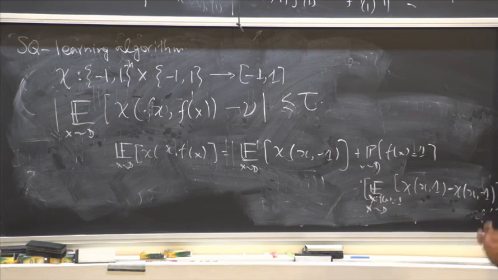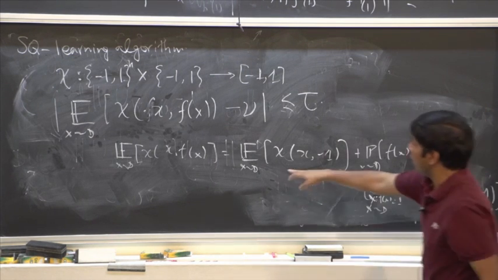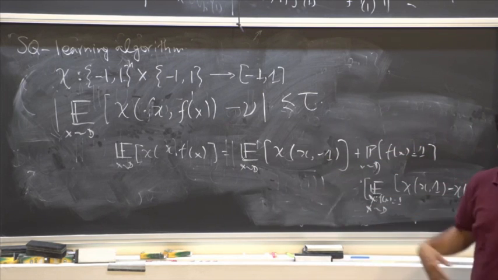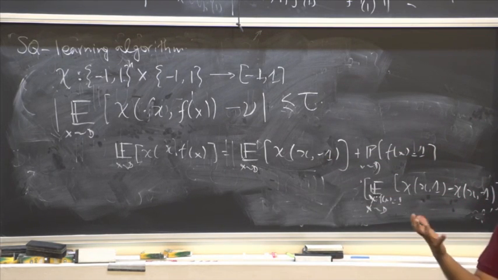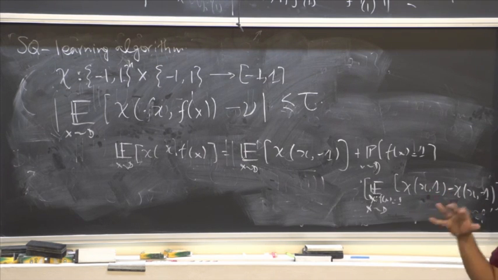Moral being, given positive samples from f inverse 1 and the function H, you can get values to any statistical query up to arbitrarily good errors, like polynomially small errors. So you can simulate any statistical query learning algorithm with positive samples from f. And the one line thing is that half spaces can be learnt using statistical query learning algorithms under any distribution.